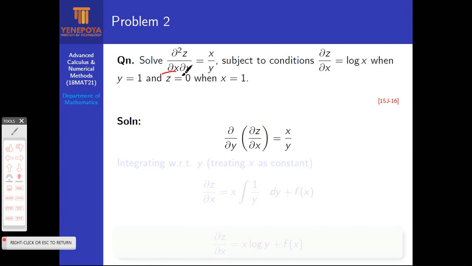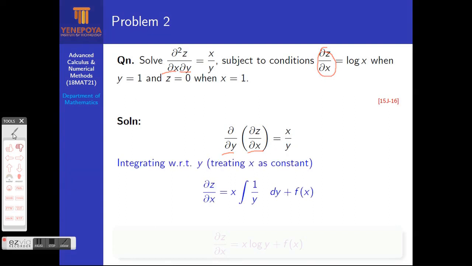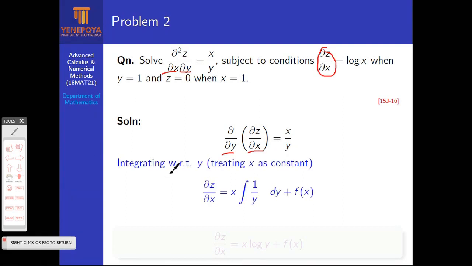I will rewrite this ∂²z/∂x∂y as ∂/∂y of ∂z/∂x. Since the given condition is ∂z/∂x, I need to get ∂z/∂x to substitute one of the conditions, that's equal to x by y. We'll integrate with respect to y first. So ∂z/∂y gets cancelled and treat x as constant.